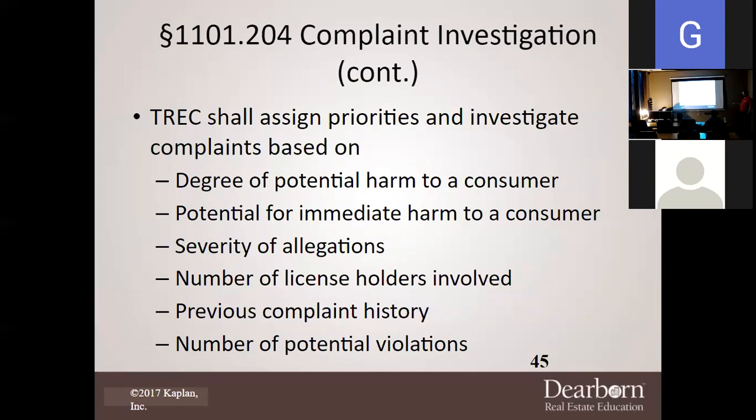Because there are a lot of them, they're going to come in and investigate. The number of license holders involved is a factor. They're also going to look at any previous complaint histories and the number of potential violations. Yes, that means you as a real estate agent can have multiple violations against you. Does that make sense?